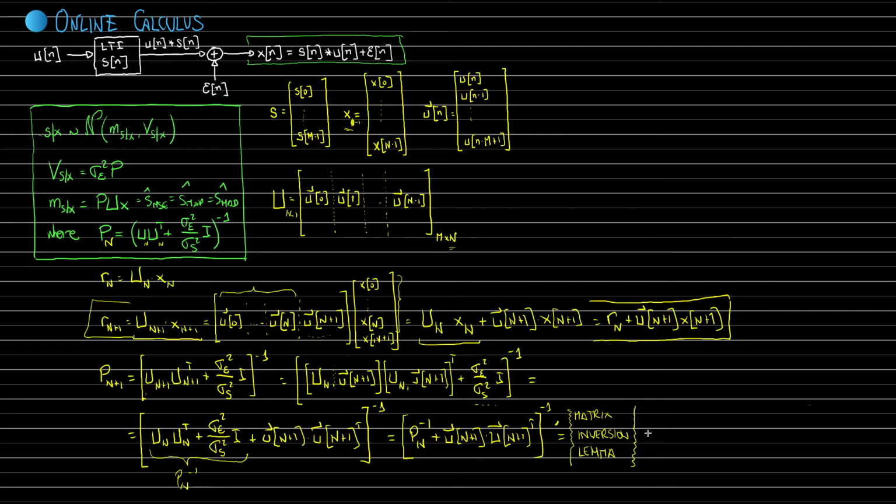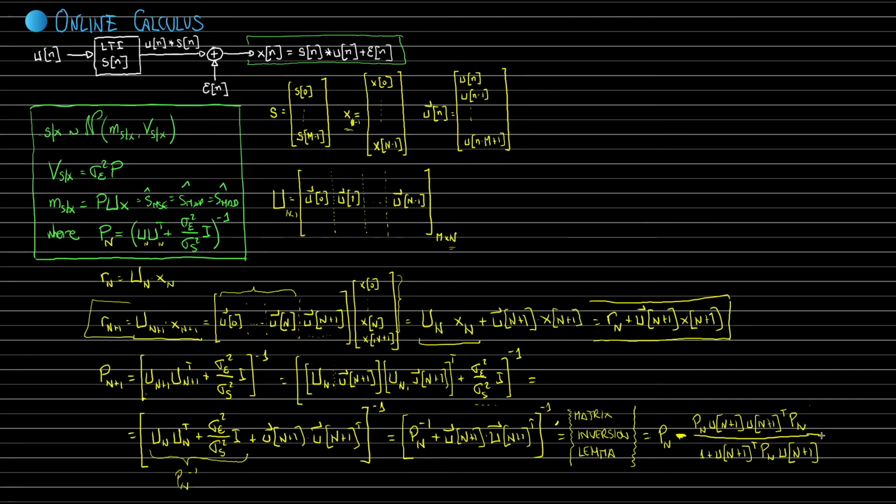Well, I will skip the details, but applying the matrix inversion lemma, it can be shown that this inversion is actually equivalent to Pn minus Pn u n plus 1 u n plus 1 transpose Pn, divided by 1 plus u n plus 1 transpose Pn u n plus 1.